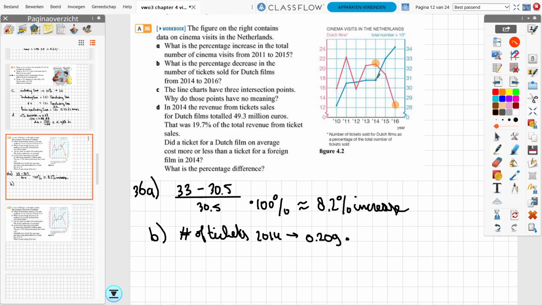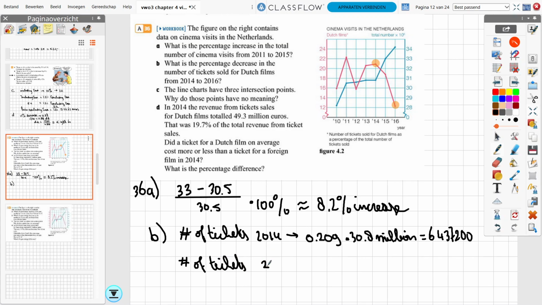Here this seems like 30.8 million to me. And it will give me that many tickets.